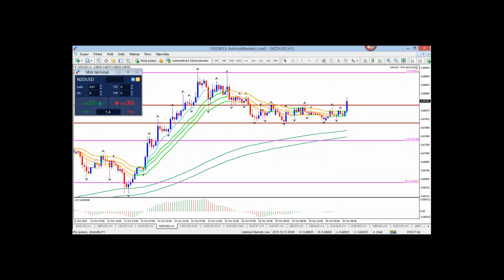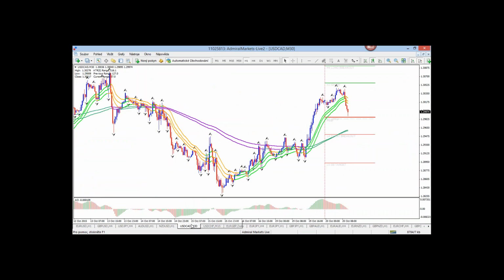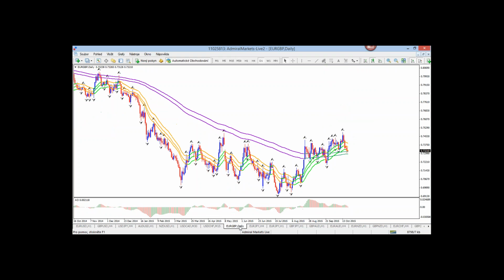Kiwi, a bit of a mixed picture there, I would say. Yes, there is that potential for breakout, but I'd have to be very strict or tight on the trade management there, not to get stuck in that trade. I think dollar CAD seems to be a bit of a mixed bag. Euro pound, mixed bag.